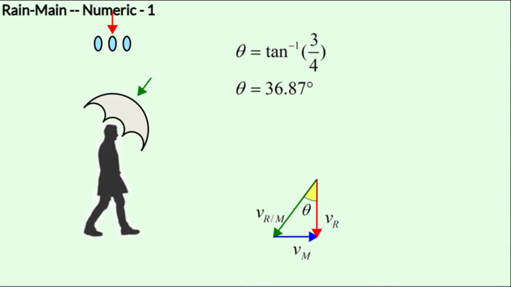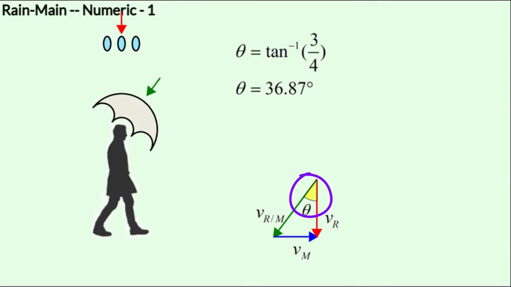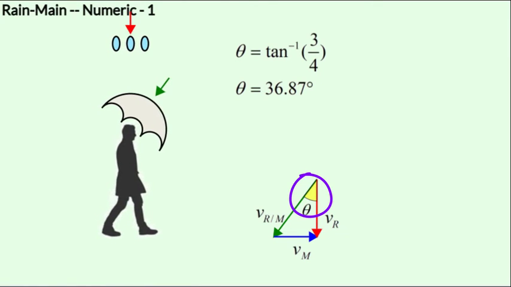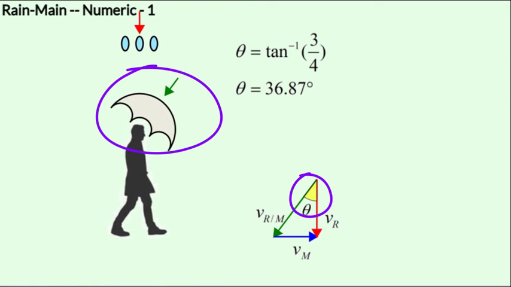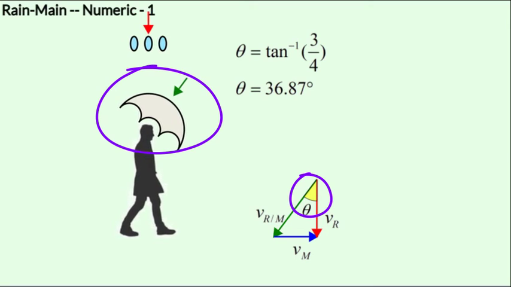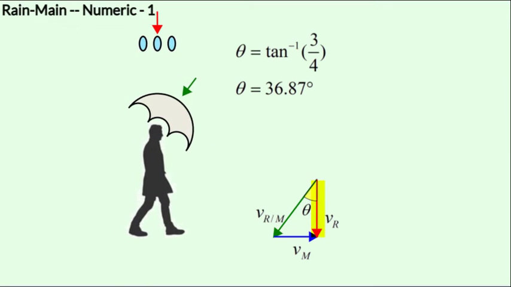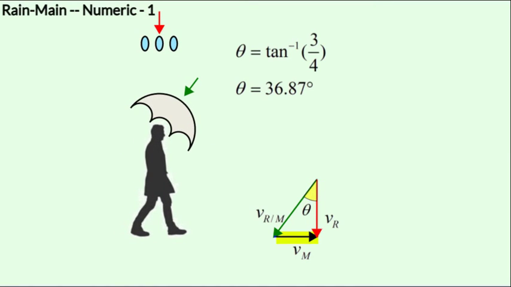Now we have to find the angle theta. This is the angle made by the umbrella with the vertical. We know the magnitude of VR, which is 4, and the magnitude of Vm, which is 3. Since we have a right angle triangle, theta will be the tan inverse of 3 over 4, which is approximately 37 degrees.